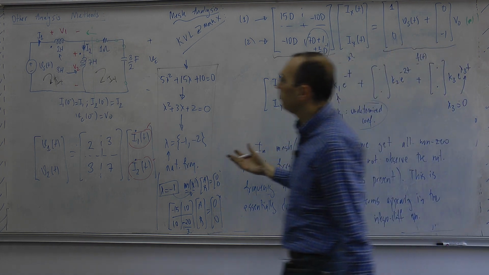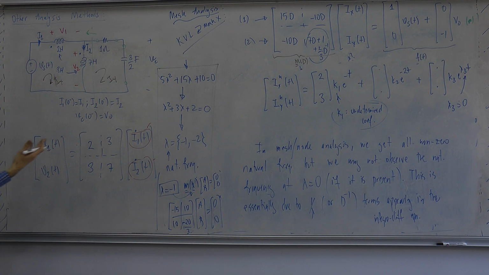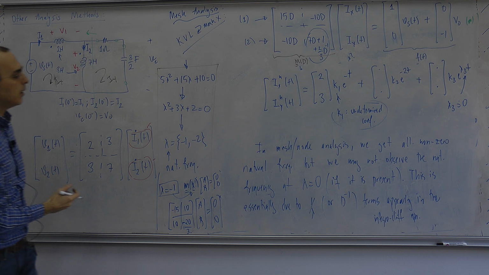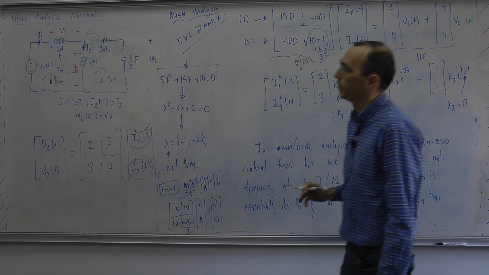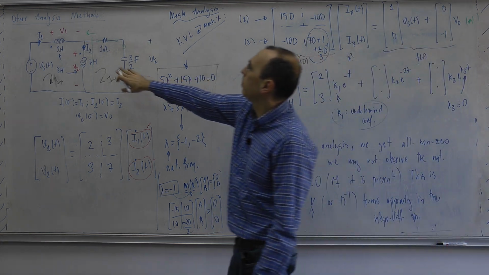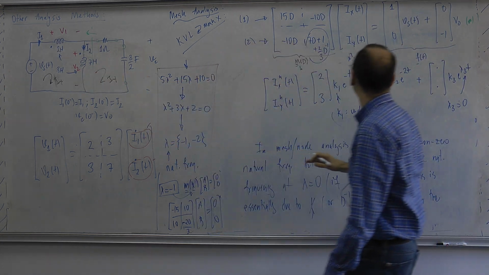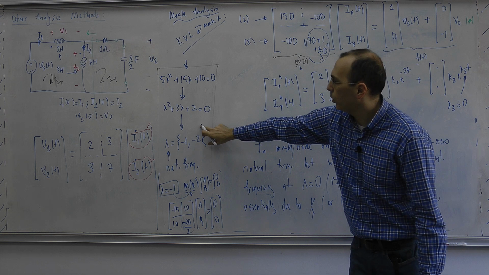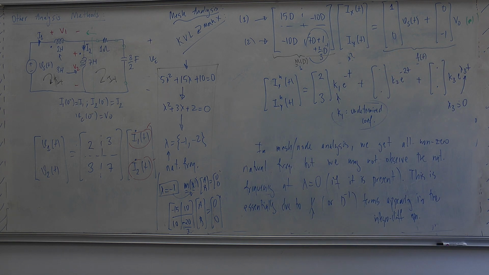Well, this is the reason that we use state equations. I don't want to think deeply for every circuit, because with state equations, I just calculate the eigenvalues and I get the full set. But for these ones, if you have to, just be careful, check the order of the circuit. If the order of the circuit doesn't match the natural frequencies that you have found, just be careful.